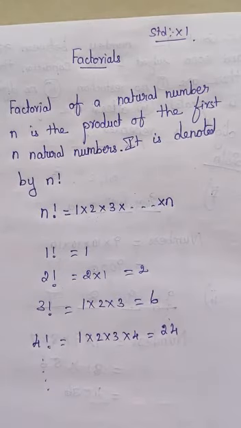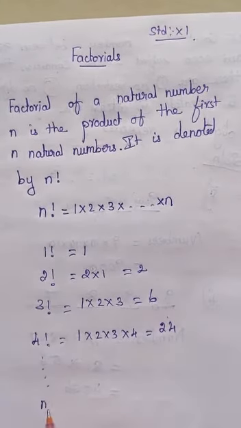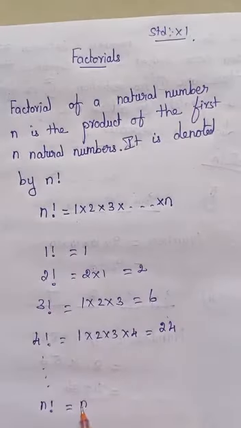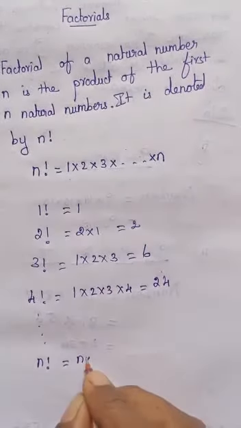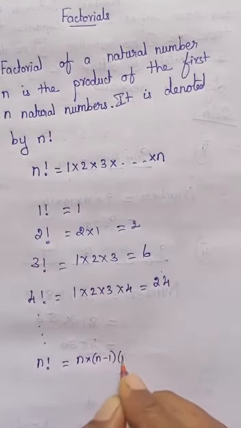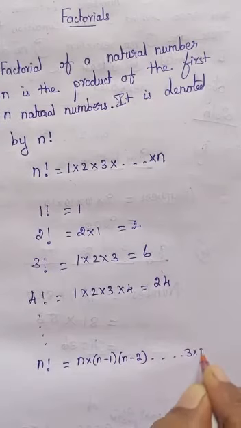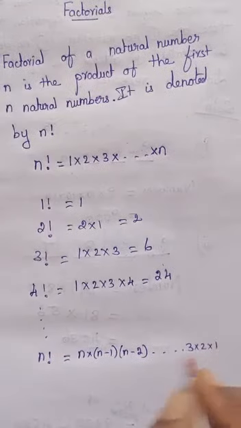And see, n factorial can be written, with the n in reverse order, as n into n minus 1 into n minus 2 etc. up to 3 into 2 into 1, isn't it?